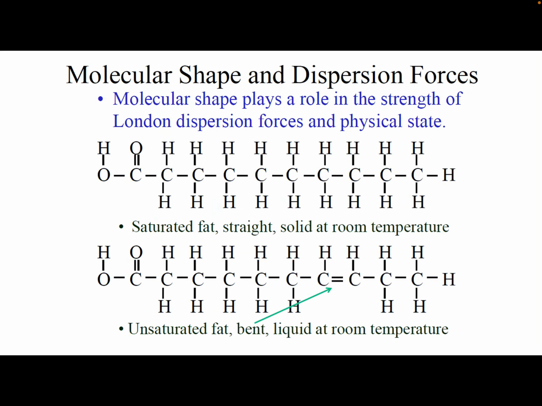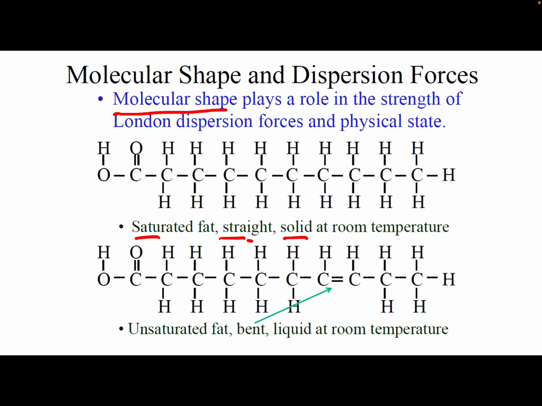Looking at molecular shape, so basically molecular shape is going to play a role in the strength of the London dispersion forces. This is an example of an unsaturated fat, okay? Saturated fat is straight and solid at room temperature. So when I was in organic chemistry, I always remembered saturated, straight, and solid.